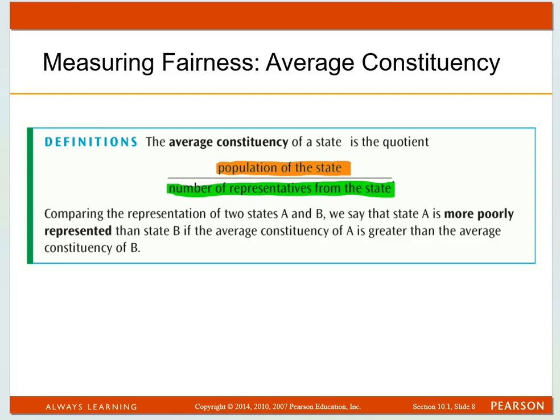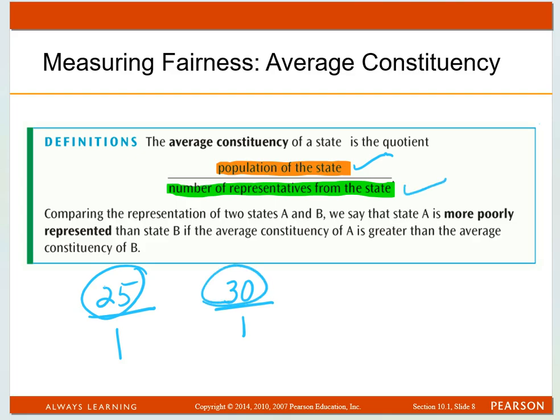Now, when I explain this in class, I usually give an example of elementary teachers, because you can go into any elementary school and there might be 4 different 3rd grade teachers, and one teacher may have a ratio of 25 students in her class to that one teacher, but down the hall there might be another teacher that has 30 in her class. So the population of the state, in this case, would be the number of students, and the number of representatives is the one teacher.